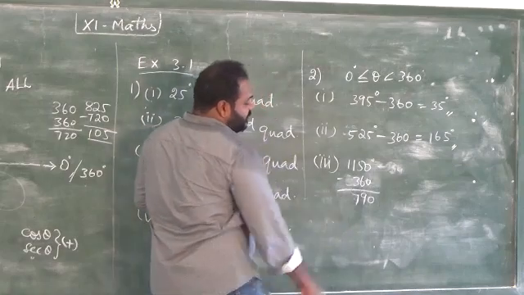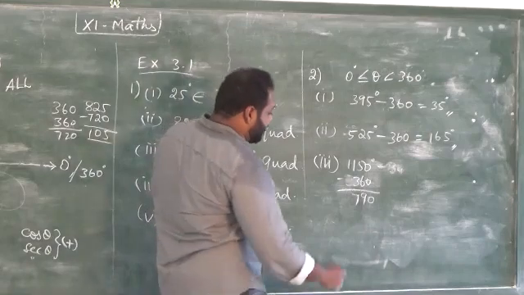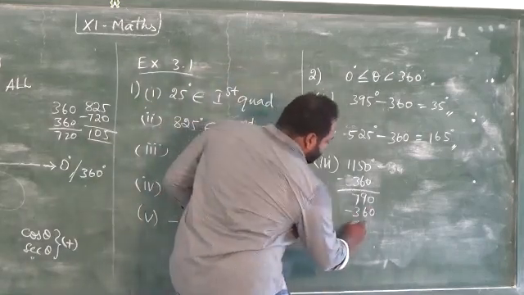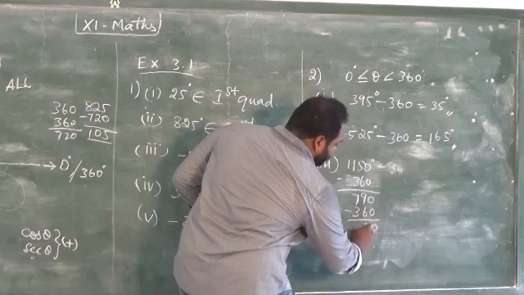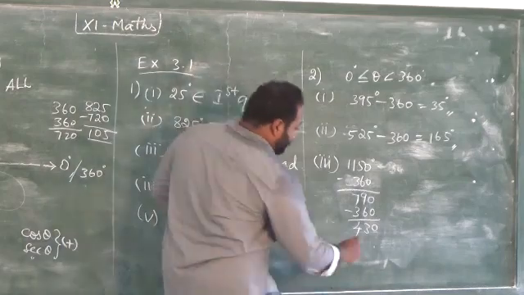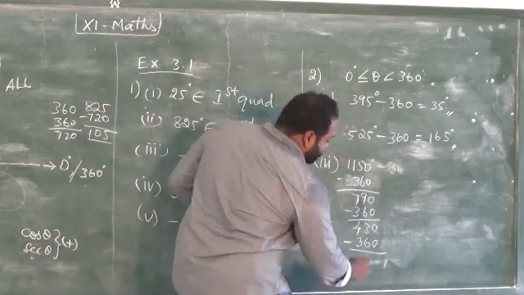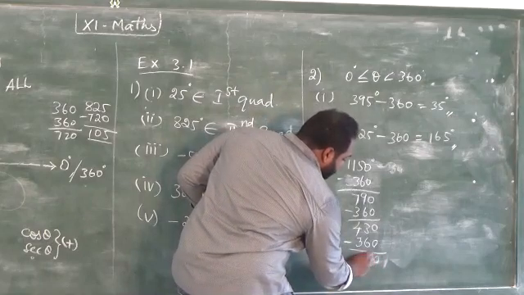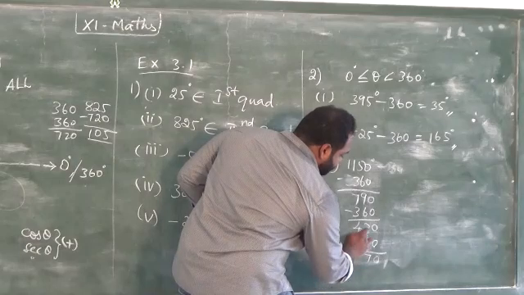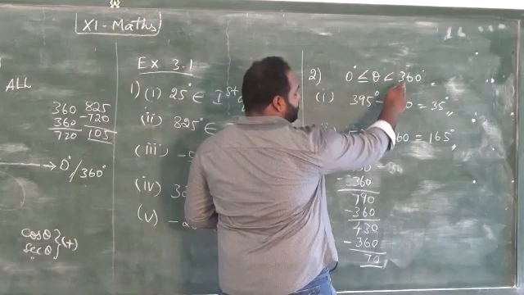Again, the value 790 is more than 360. Once again, we have to subtract 360. So it will be 430. Once again, it is more than 360, so I have to subtract 360 once again. It is 70. It is in between 0 and 360.